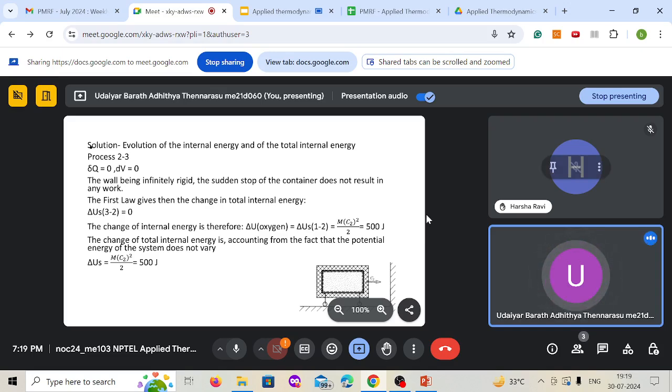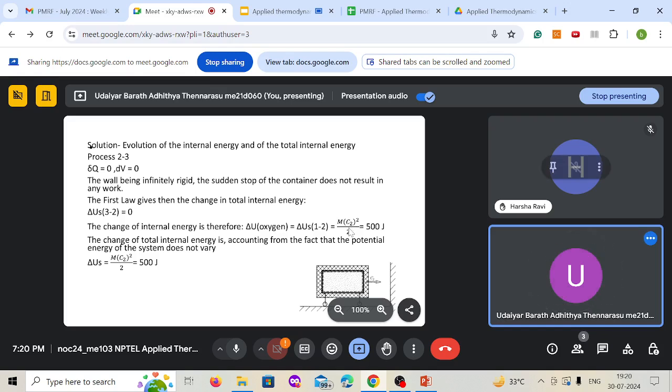Initially, because it was moving slowly to come to a constant speed, there is no internal friction or anything going into the oxygen. So that energy just went into raising the total internal energy of the system, moving the container.